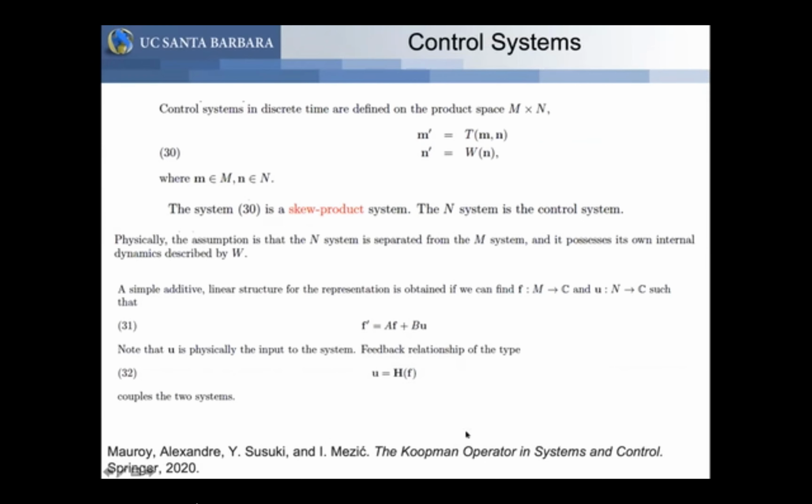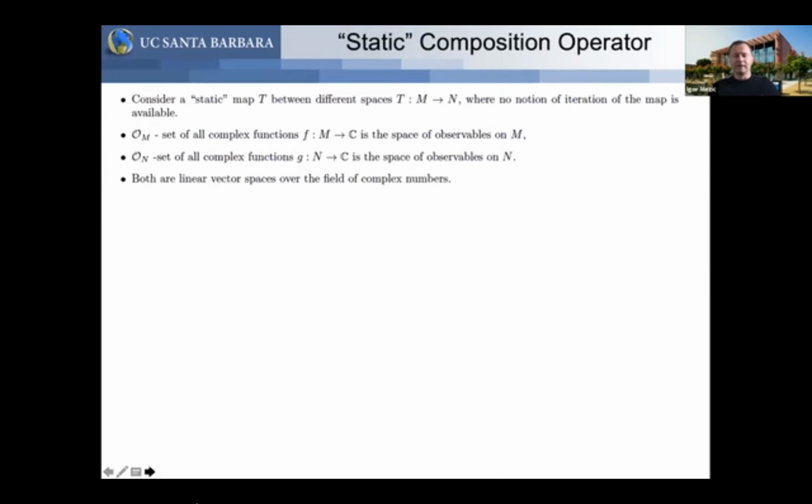Okay, more on this in the Koopman operator in systems and control paper that Alex Mauroy, Yoshi Suzuki and myself did last year. In my final minute, I'll say that there is a way of defining Koopman-like operators or static composition operators for maps between different spaces.